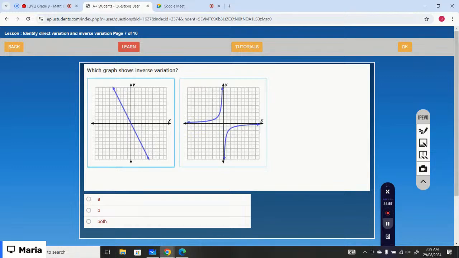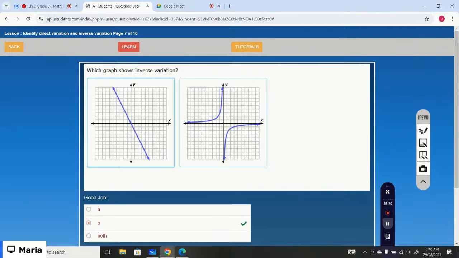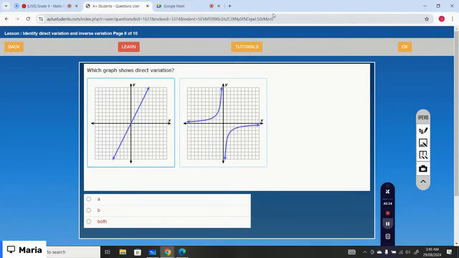Which graph shows inverse variation? Which is the correct option? That is B is the correct option, right? Okay, you can complete the lesson by yourself later today.